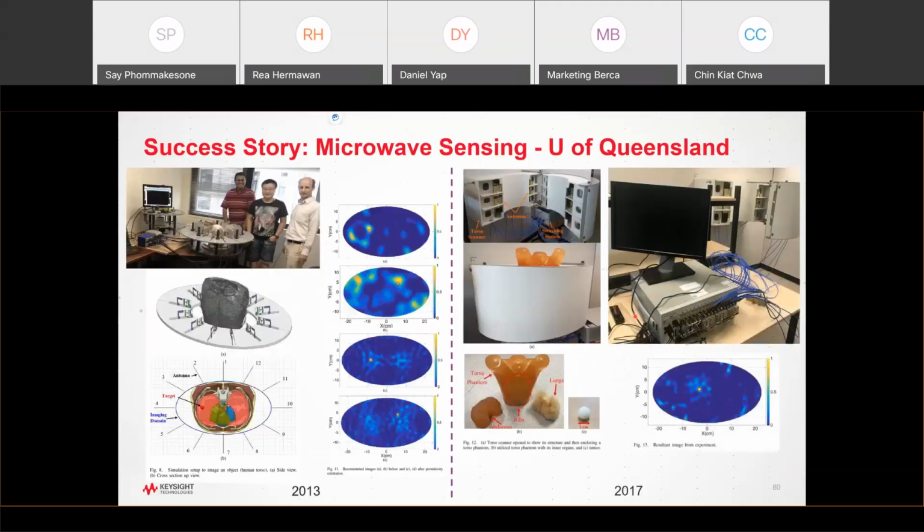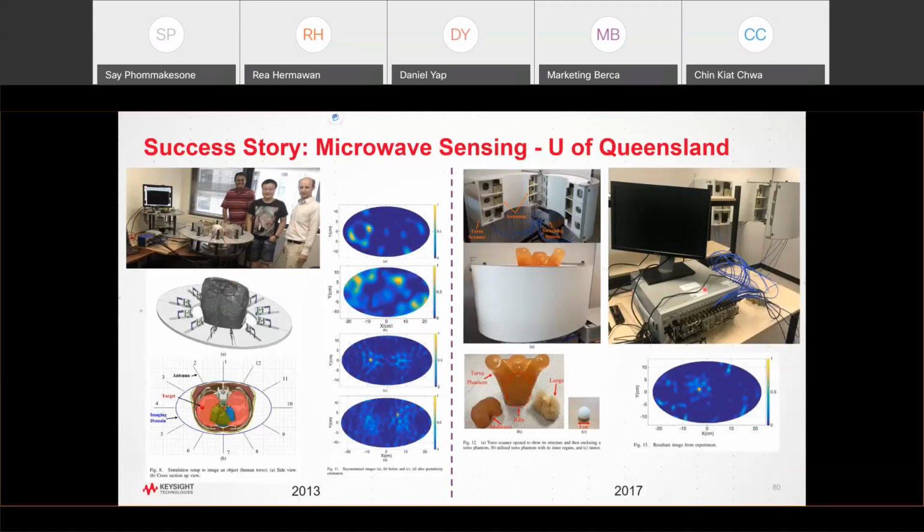And this area here is the University of Queensland, and these are some of the professors and researchers, using many types of antenna here, and perhaps different types of instrument.